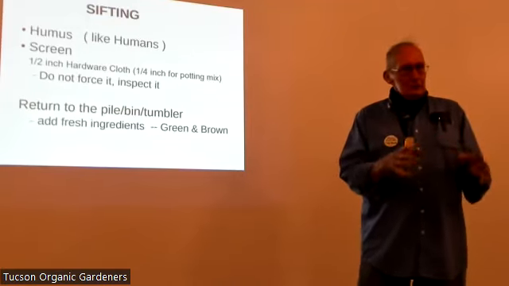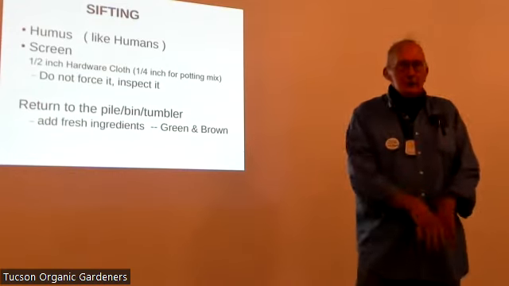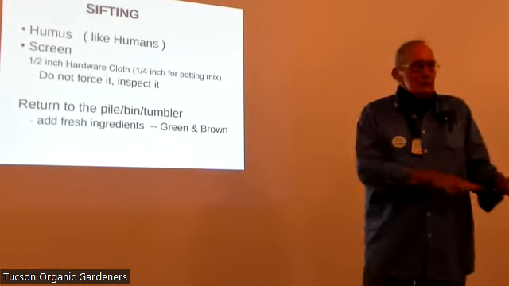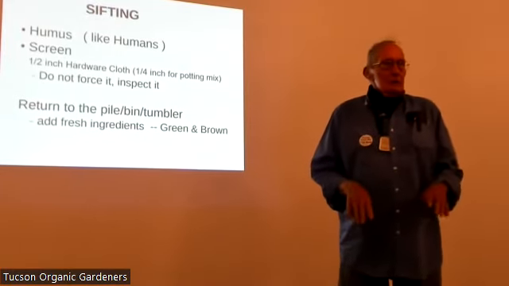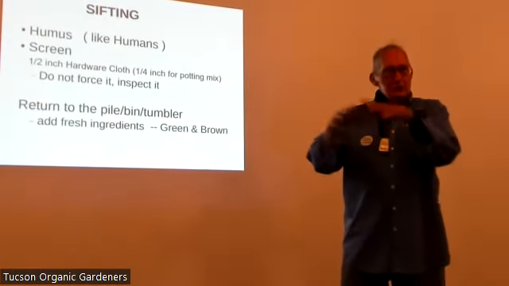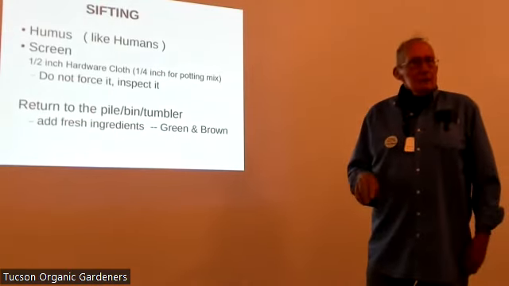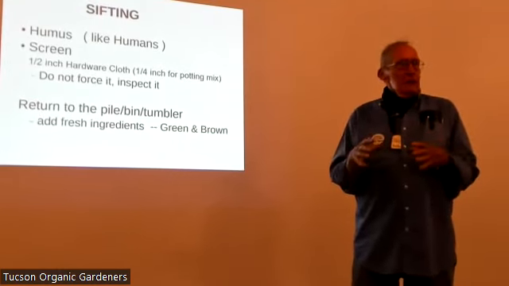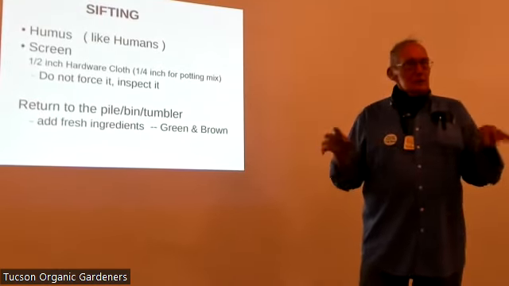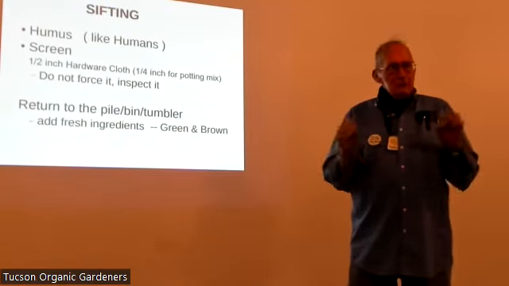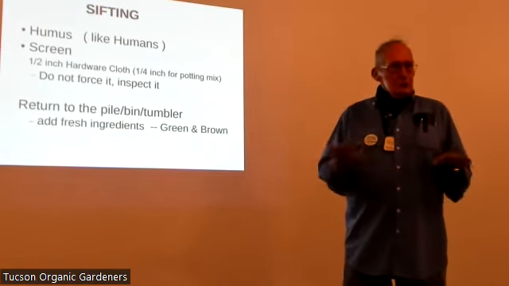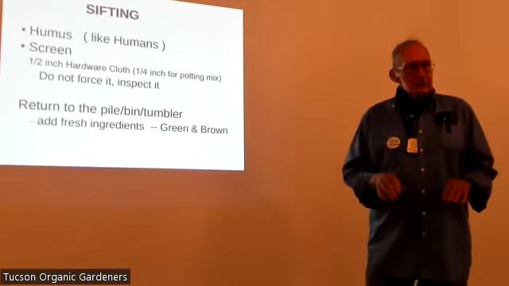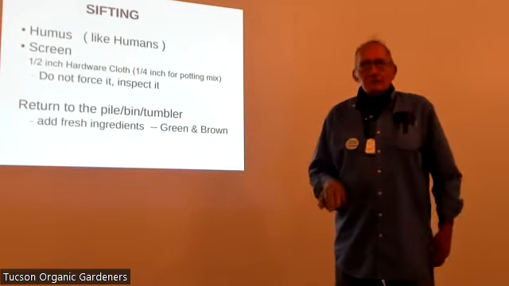When it's too hot, these guys quit, and another group takes over. And they hibernate until their temperature range is correct. So now we've gotten rid of the hot stuff. Now we can put it in the ground and it's still going to continue to decompose. Microbes are still going to use it. But now it's not going to get real hot and it's not going to kill the plant roots.